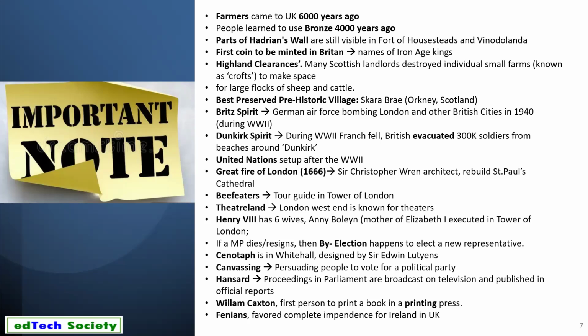World War II started when Germany first invaded Austria, and during this war, France fell, and the British tried to evacuate 300,000 soldiers from the beaches around Dunkirk. In history, it's called the Dunkirk Spirit.